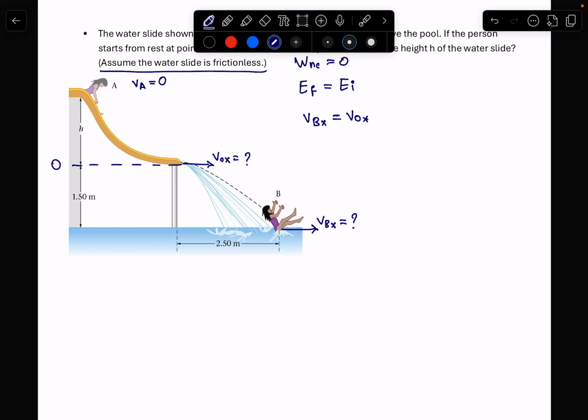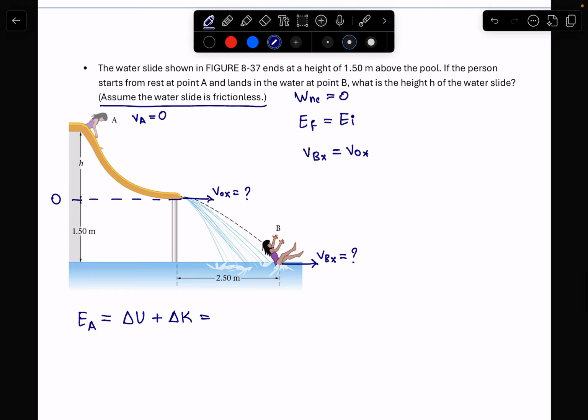All right, let's see how to solve this. So let's look at my energy at A, again the summation of my potential and my kinetic energies. I'm not given the mass, so let me just keep it as h. This is 0.